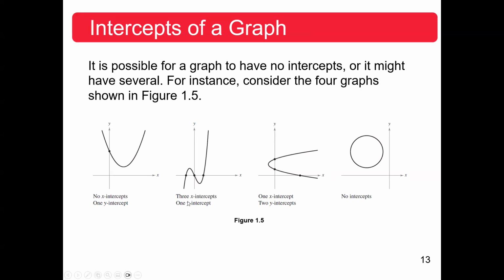And we have only one y-intercept at the origin here. Then here we have one x-intercept, which is right here. Then we have 2 y-intercepts. Now with this circle, it didn't touch the y-axis, it didn't touch the x-axis, so there's no intercept. So here we say it's possible for a graph to have no intercept, or it might have several intercepts.